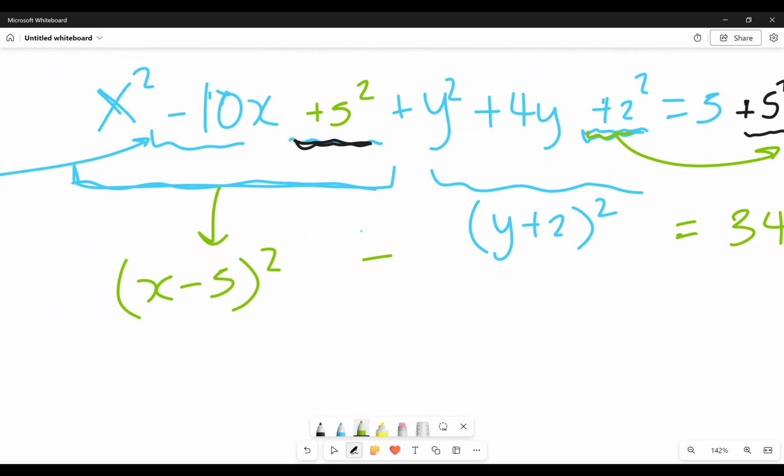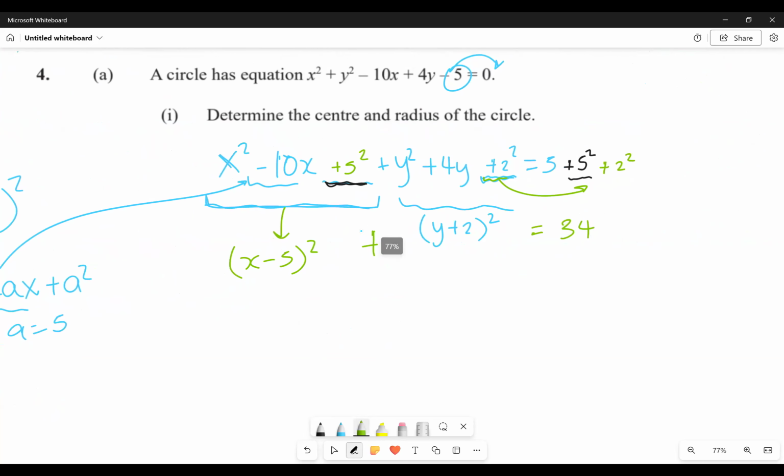And just from here, you can tell exactly what this circle has. The circle has a center at 5, -2. That's from here. So the 5 and -2, we change the sign, right?